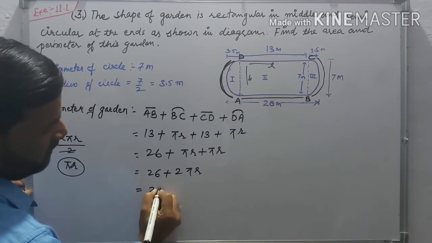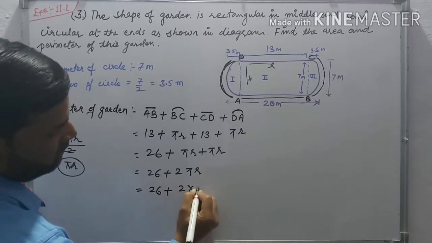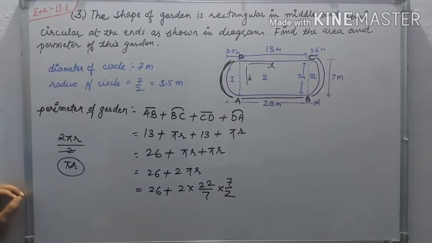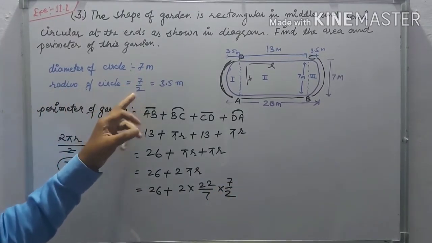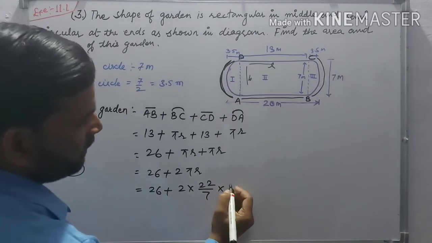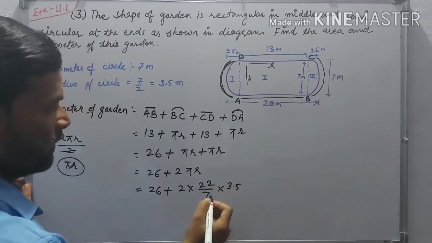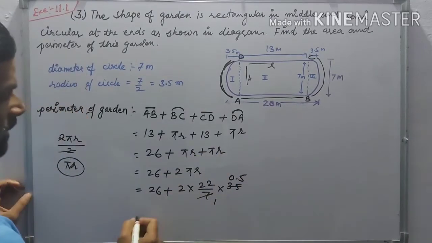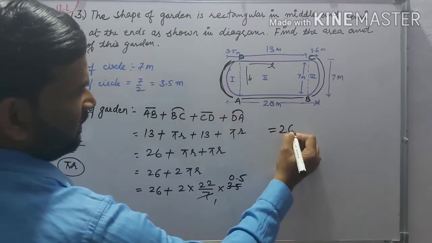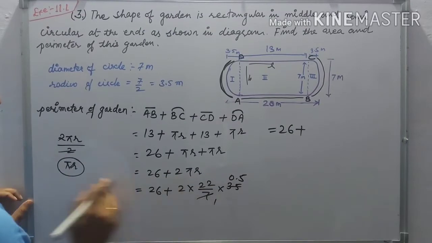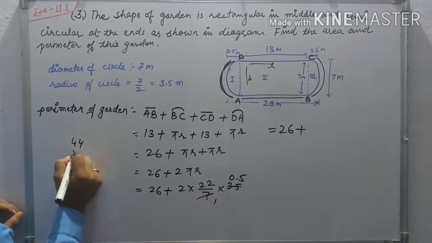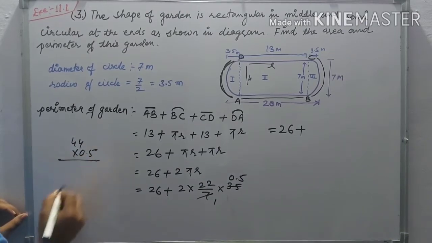Now 26 plus 2 into 22 upon 7, and the value of r is 7 upon 2, which is 3.5, no problem. Now 7 into 0.5, and write 26 plus 2 times 22 is 44, into 0.5.